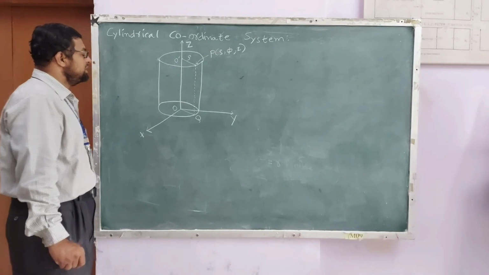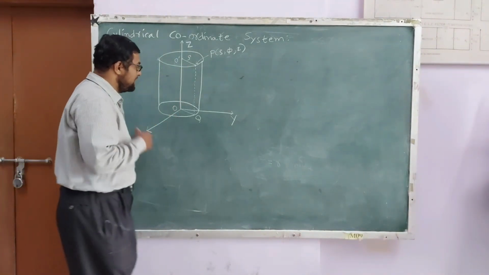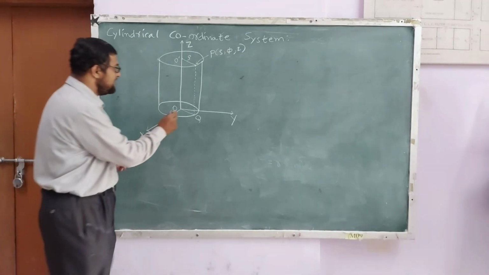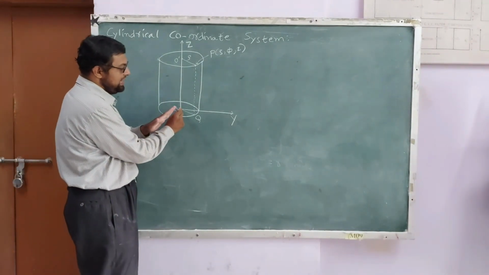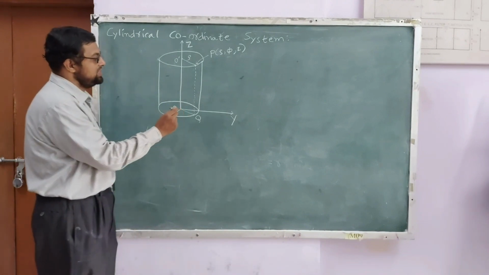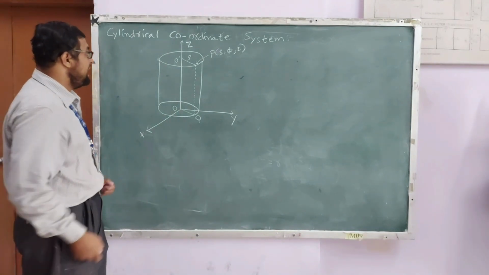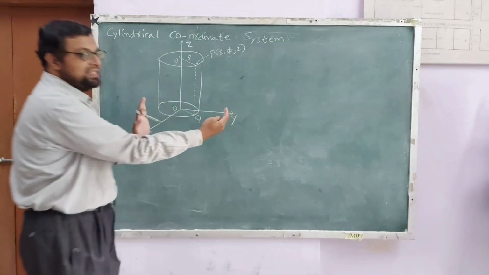Then we have to consider the second coordinate. For this, we have to consider the xy plane again. See, this is our x-axis. I have drawn it in 2 dimensions in this way, but actually in 3 dimensions our x-axis goes like this. So this is our x-axis, and our xy plane is like this.